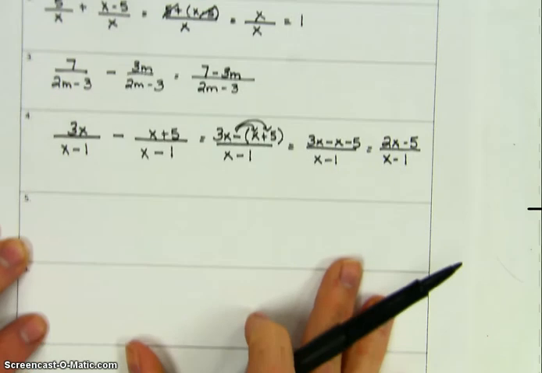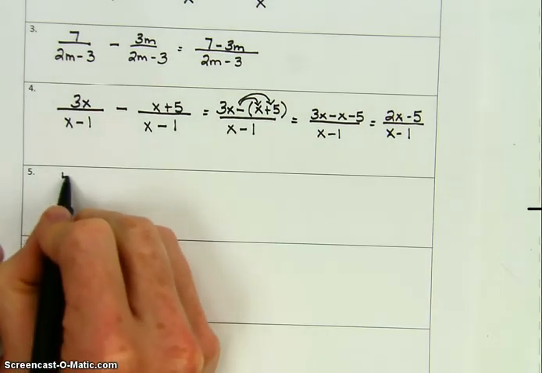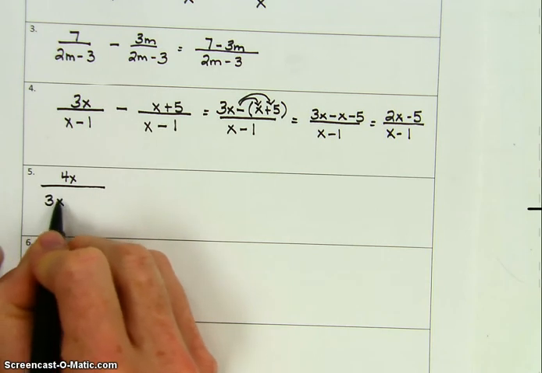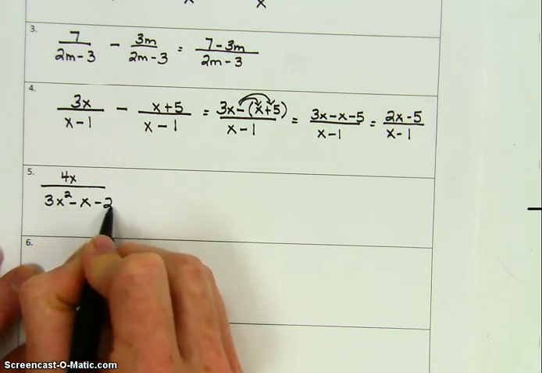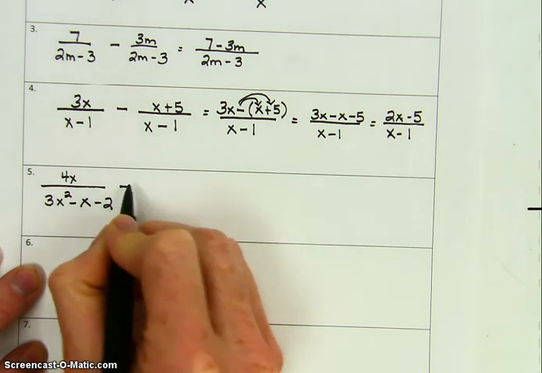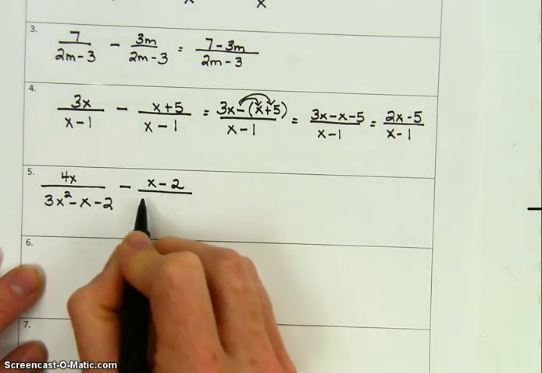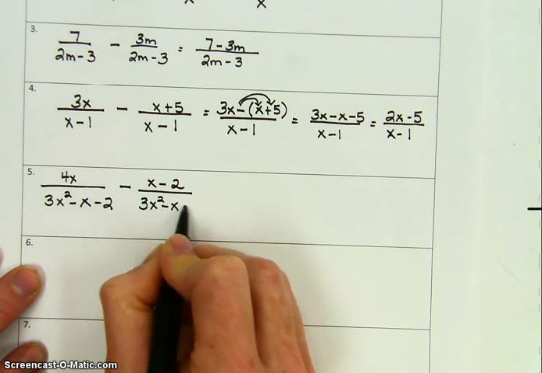Question 5, it's going to look a little bit different. So question 5 is 4x divided by 3x squared minus x minus 2, minus x minus 2 over 3x squared minus x minus 2.